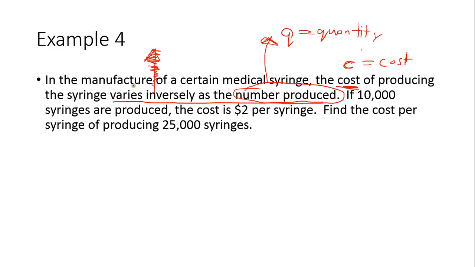Alright. So basically, what we end up having is, let's see here. They say if 1,000 syringes are produced, so here our quantity equals, well, actually, before I go there, let me erase something.